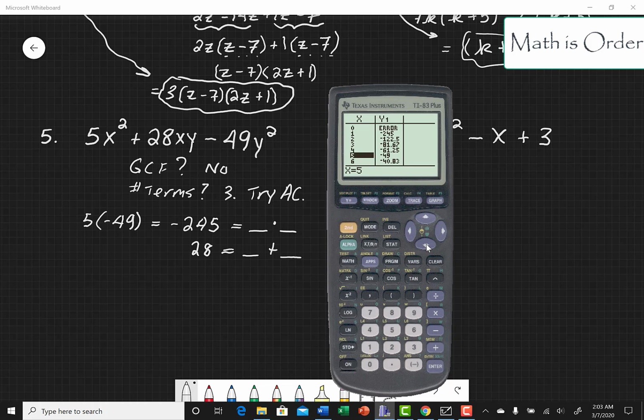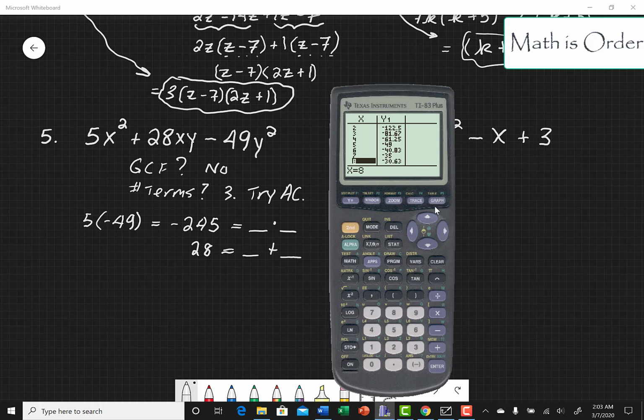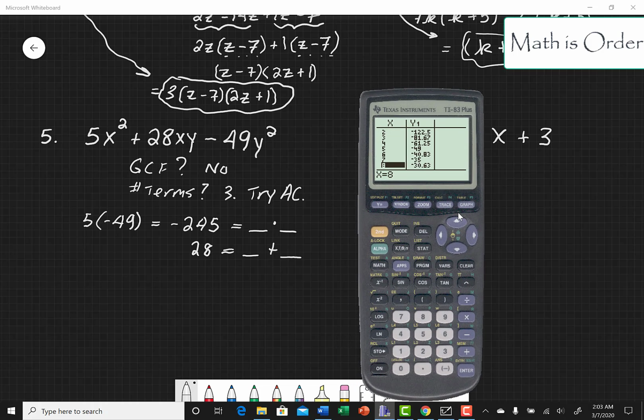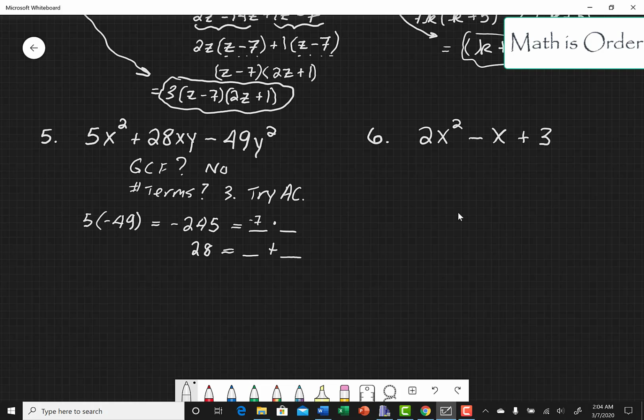The two that add up to 28 are, I think, negative 35 and 7. Yes, changing the signs, negative 7 and positive 35 add up to 28.